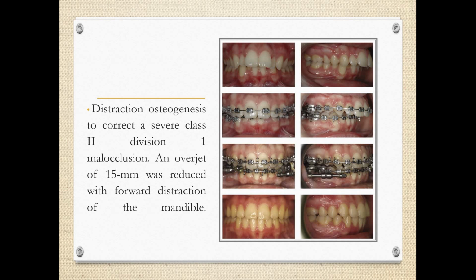That is a bilateral mutually protected occlusion, especially maximum intercuspation, having canine guidance in lateral excursion and incisal guidance in protrusion with the condyle located in a centrically related position.